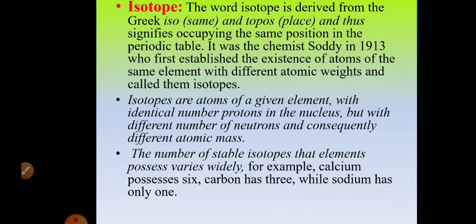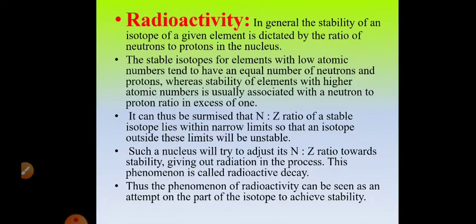So, that is isotopes. Now, in the field of medicine or biology, we use different radioactive isotopes for carrying out a variety of studies. When we study the applications of isotopes, we will study that.